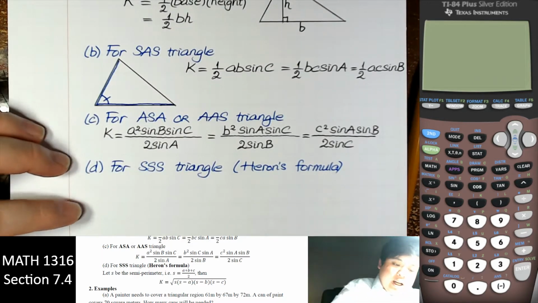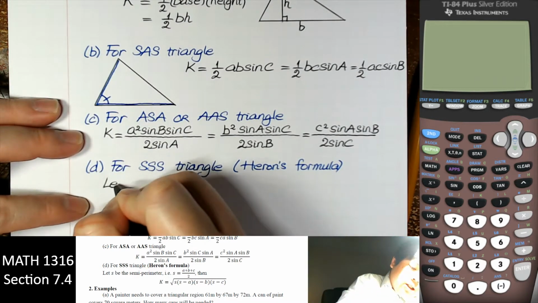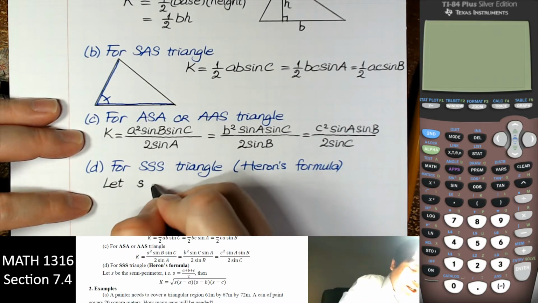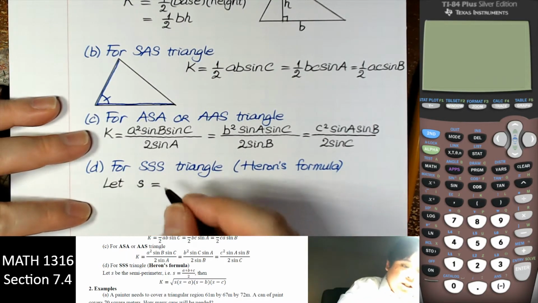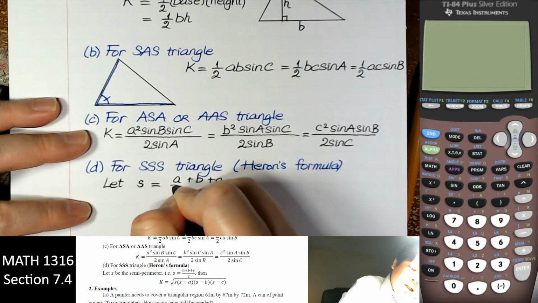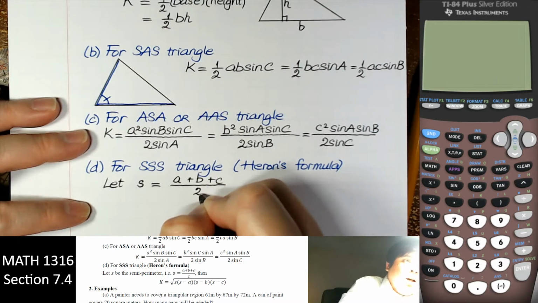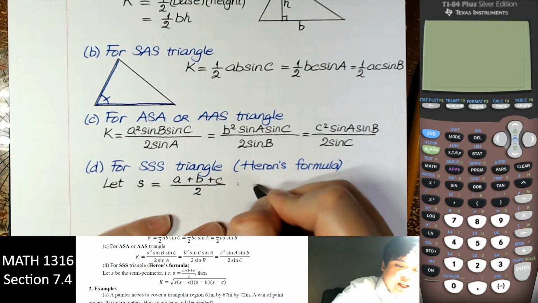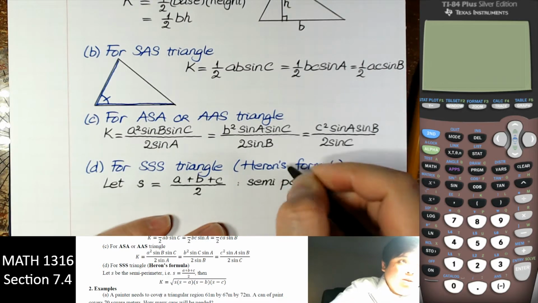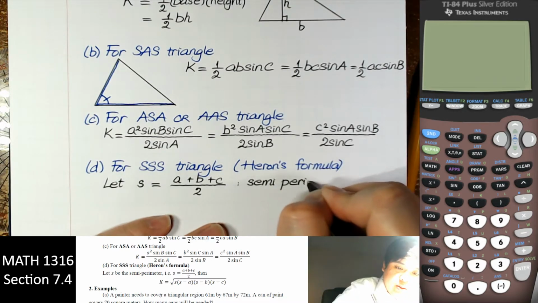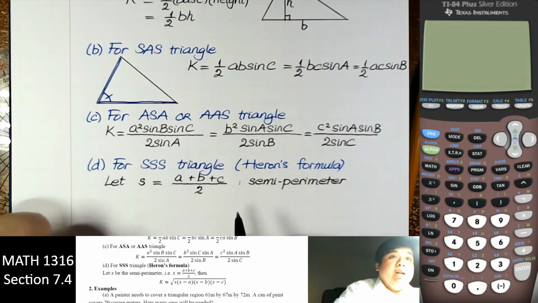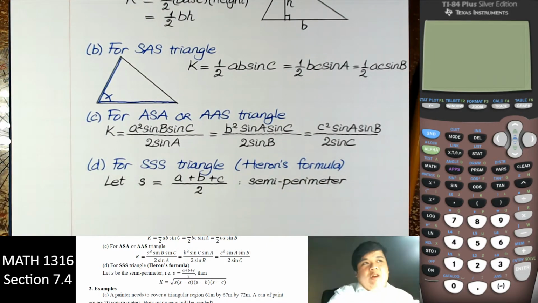In this case, we let s, that is little s, it's not the area, equal to a plus b plus c divided by 2. What we call s is the semi-perimeter, meaning a plus b plus c is the 3 sides, and then we divide by 2.